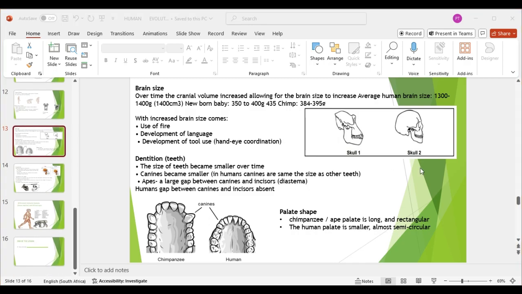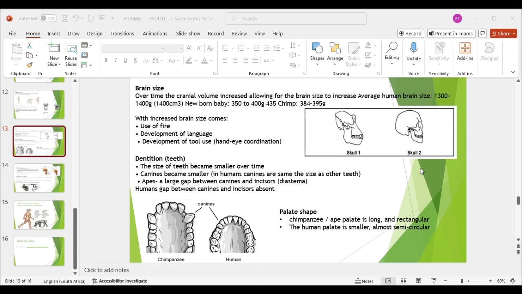Now we come to brain size. Over time, the cranial volume increased to allow the brain size to increase. Our human average brain size ranges between 1,300 to 1,400 cubic centimeters. A newborn baby's ranges from 350 to 400.